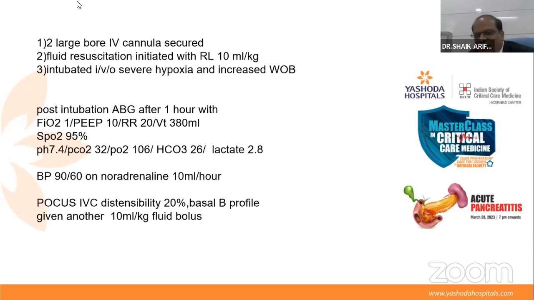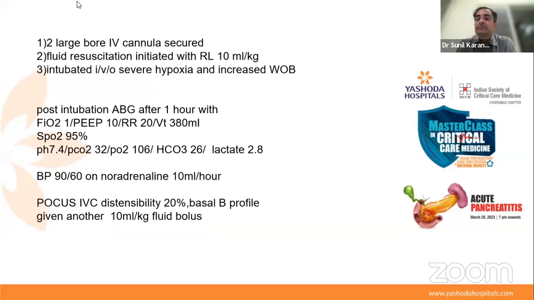What are the risk factors or poor prognostic factors in acute pancreatitis? BISAP score. B for blood urea nitrogen more than 25 milligram per deciliter, I for impaired mental status, S for SIRS, A for age more than 50, and P for pleural effusion.